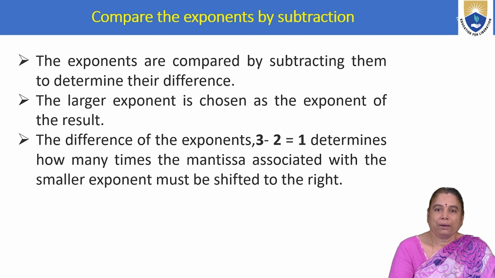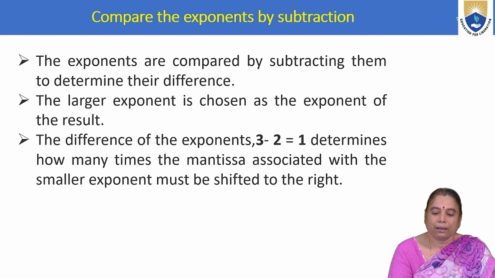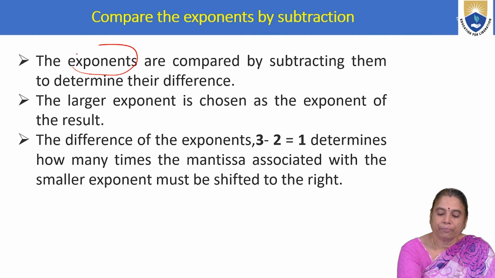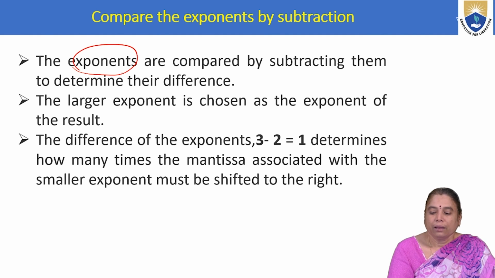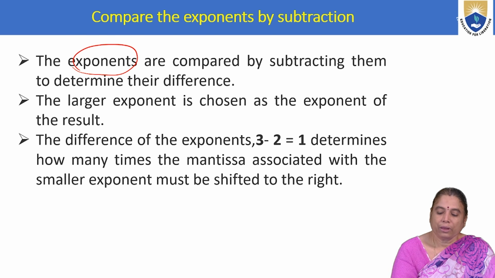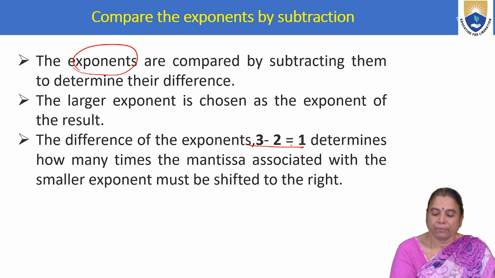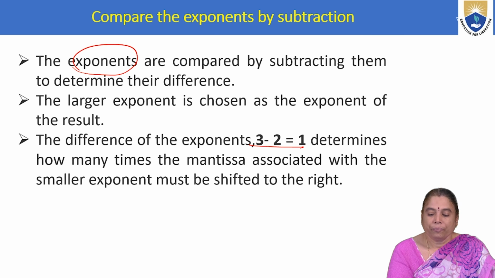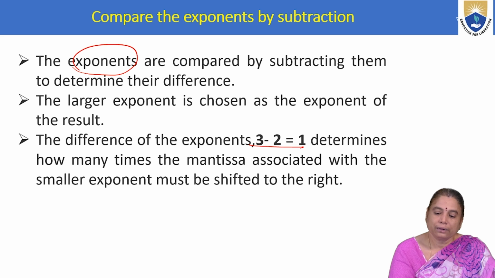So in segment 1, what are the sub operations? The exponents are compared by subtracting to determine their difference. In our example, the considered exponents give 3 minus 2, that is 1. The larger exponent is chosen as the exponent of the result.